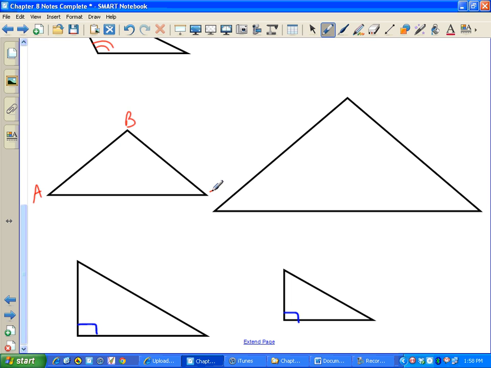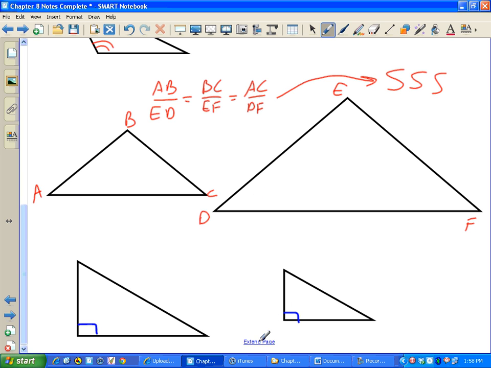If we name this ABC, we'll call this DEF. Side-side-side would be if AB over its corresponding side, which would be ED, that ratio is the same as the ratio of BC over EF, and that has to be the same as AC over DF. Okay, if we have the same ratio when we match up the corresponding sides, this would be side-side-side. This leads to side-side-side.